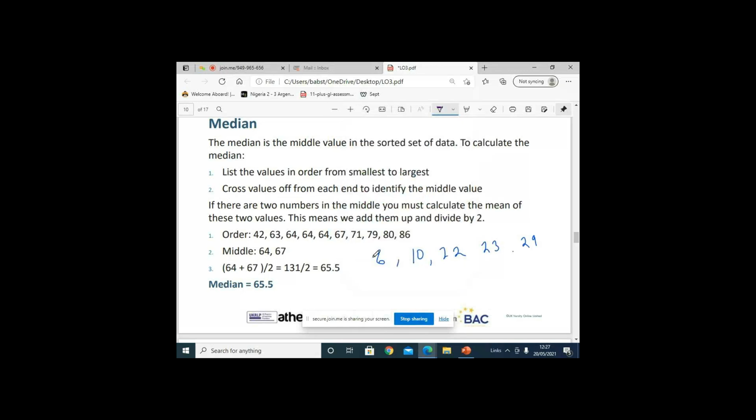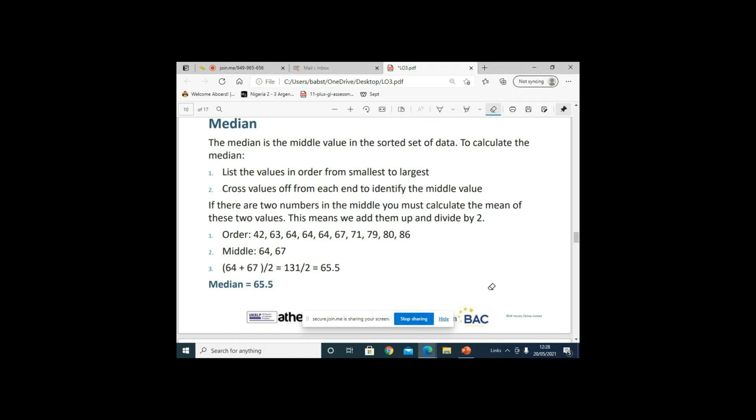So which one is in the middle? This is the median. The median here is 22. Do we still divide by 2? No. When it's only one value, just leave it. But when you get two values at the center, you add them together and divide by 2.